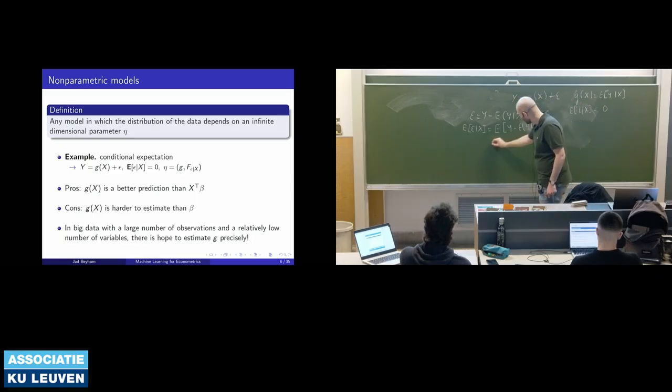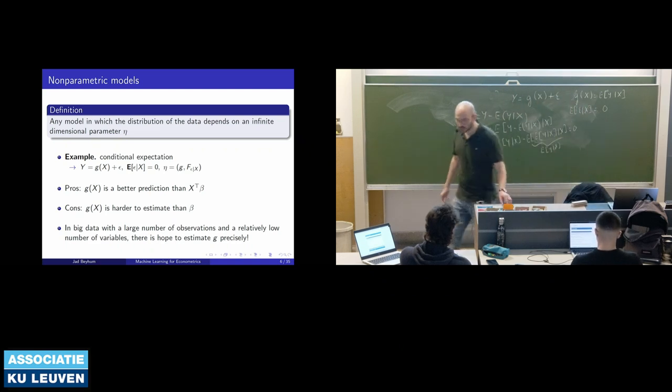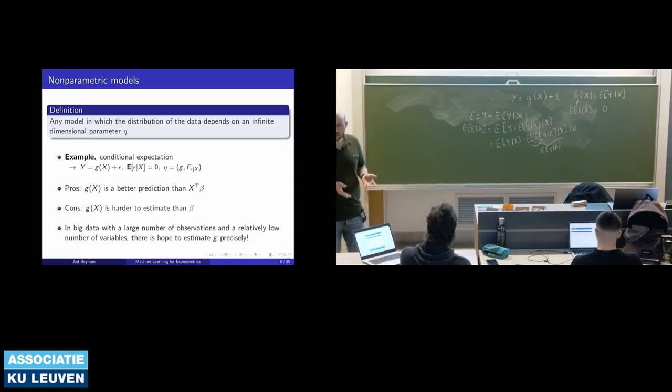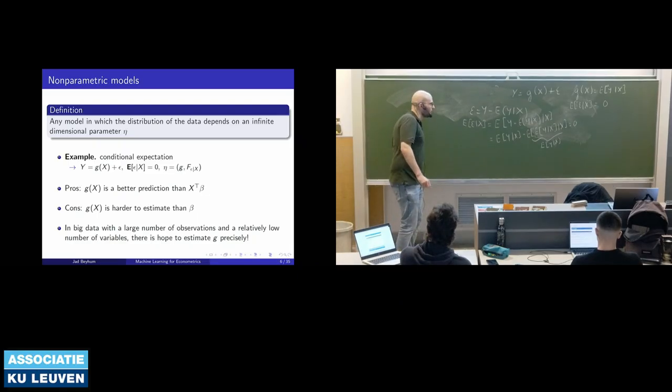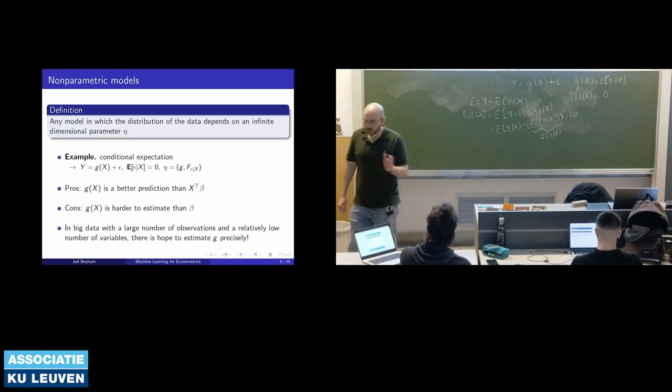And so you can develop this thing and you get the expectation of y given x minus the expectation of y given x, and here you get to 0. What I'm just trying to tell you here is that for any random variable, you can say that the random variable is the conditional expectation plus an error term.